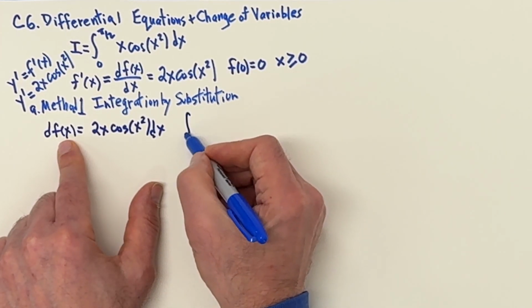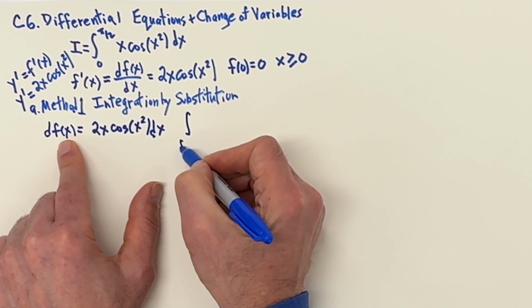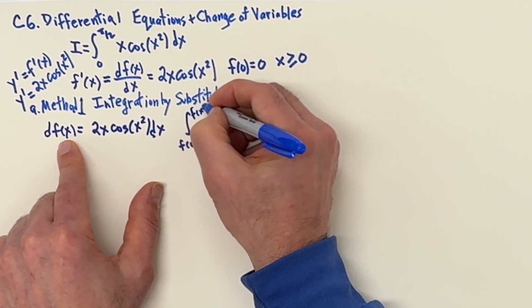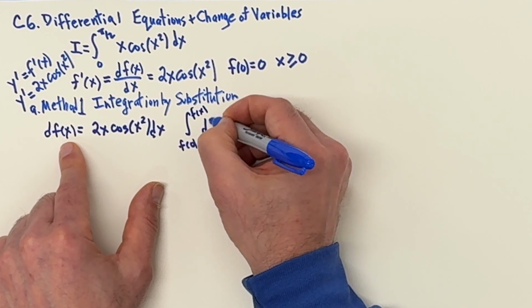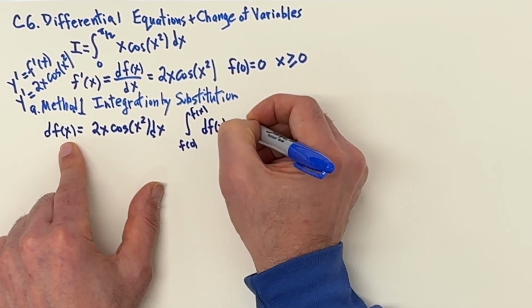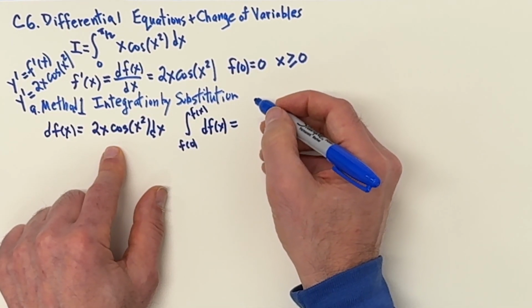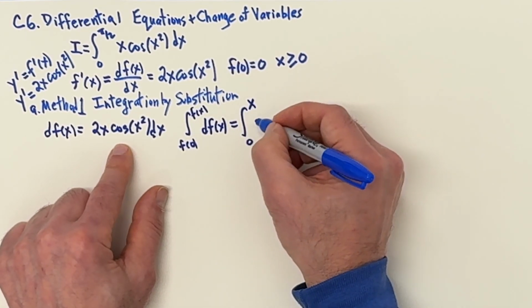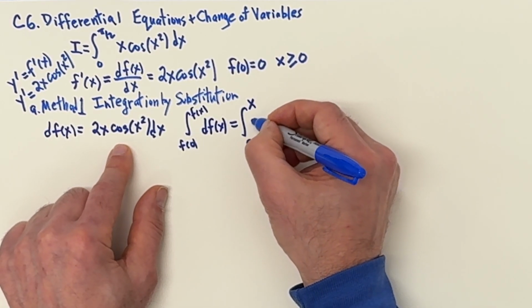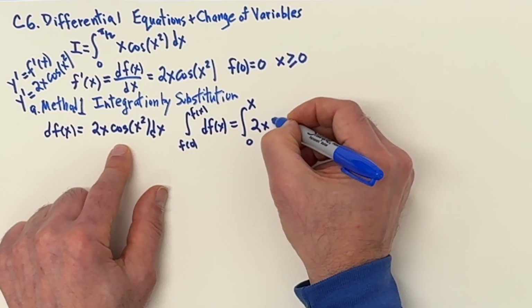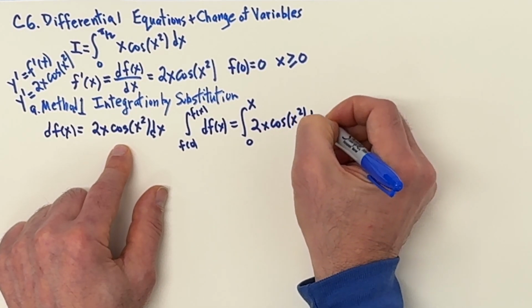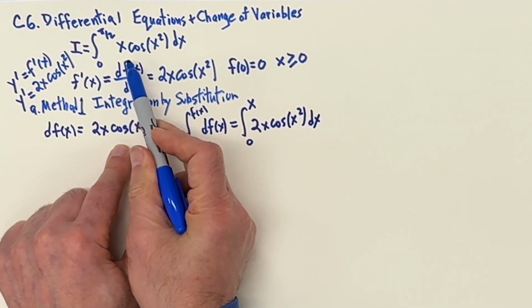So we're going to go from f of 0 to f of x on the df of x, and that's going to be equal to, on this other side, we're going to go from 0 to x of 2x cosine x squared dx.